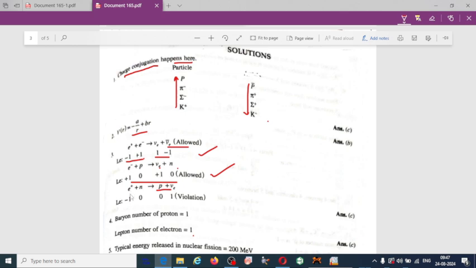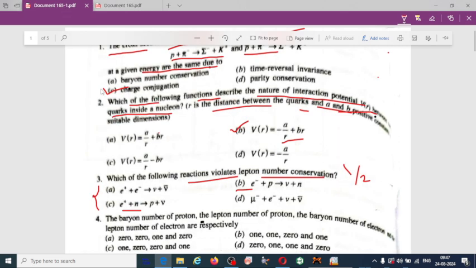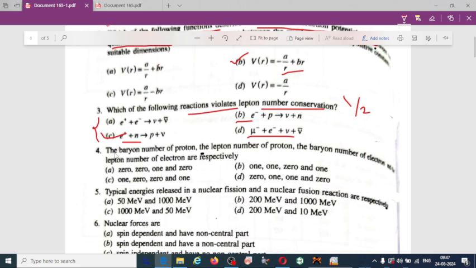This is not allowed here. Actually this is E minus. So the charge conjugation will not take place. The fourth option is actually not valid. So option C is correct here, which violates the lepton number.